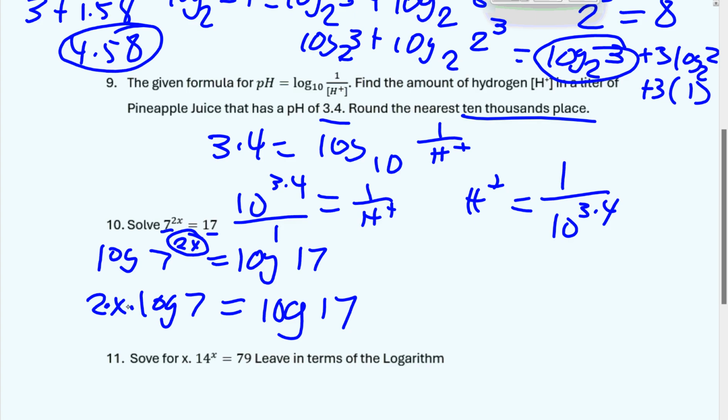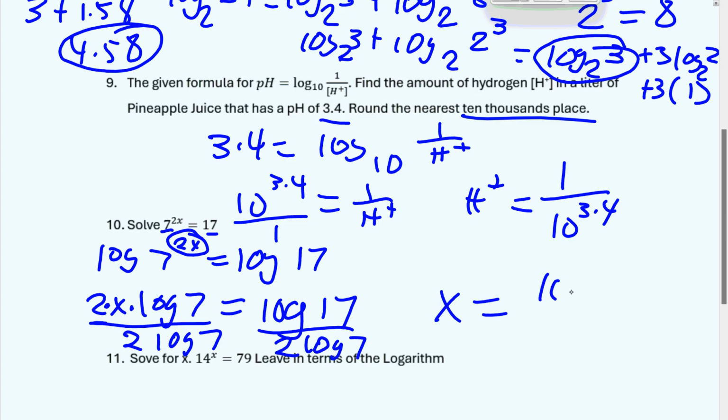So I don't need to add or subtract anything or distribute anything or move anything to the other side because I have x on the left. That's all I need. X is by itself on the left. So now I just divide by what's not x, because this is all just multiplication. So I'm going to divide by 2 log 7 because that's not x. So then x is equal to log 17 over 2 log 7.